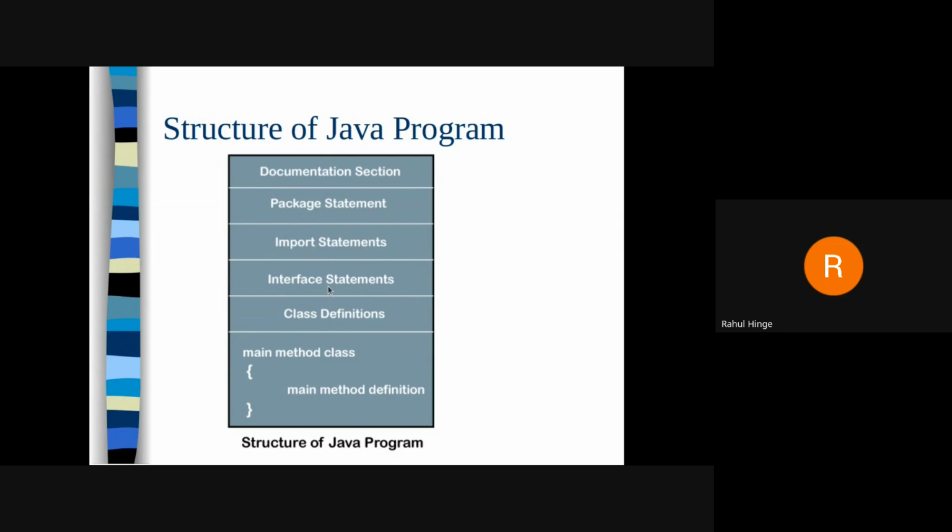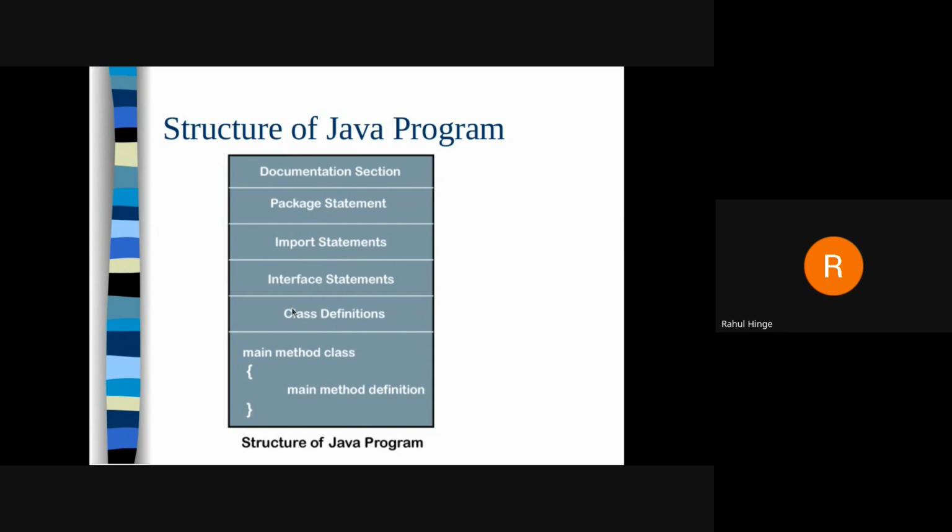Next block is interface statements. While writing Java programs, we may have some interfaces, so to define the interfaces we use this block. If you are not using any interface, this is an optional block. Then finally, class definition.